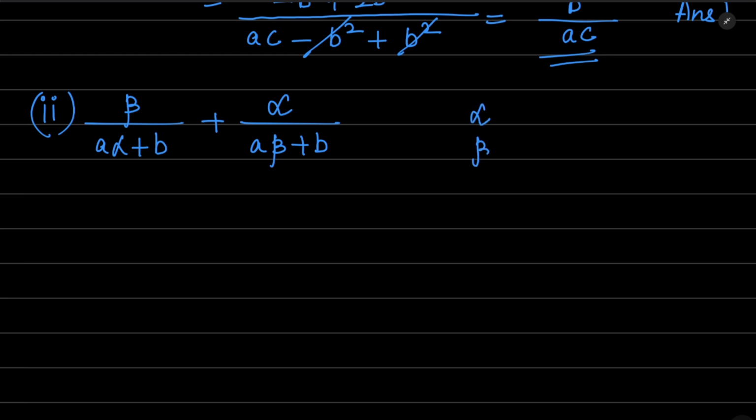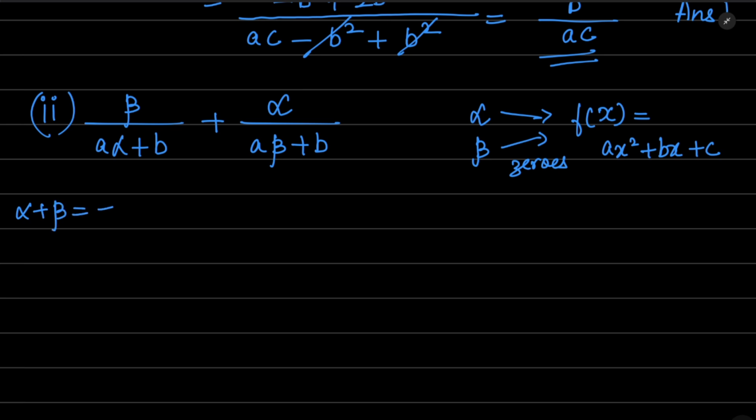Okay, so alpha and beta are the zeros of your f of x, which is given as ax square plus bx plus c. Okay, you know the sum of the zeros, alpha plus beta is equal to minus b by a, and alpha beta equal to c by a.